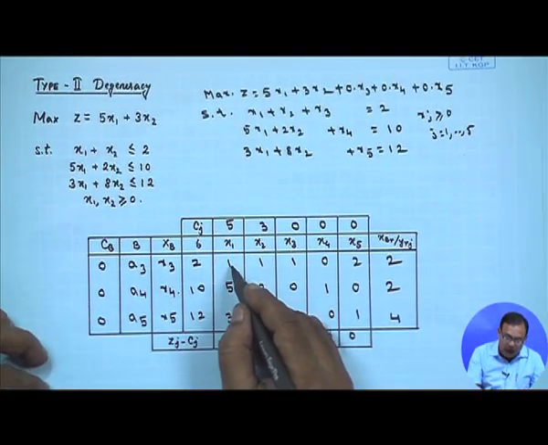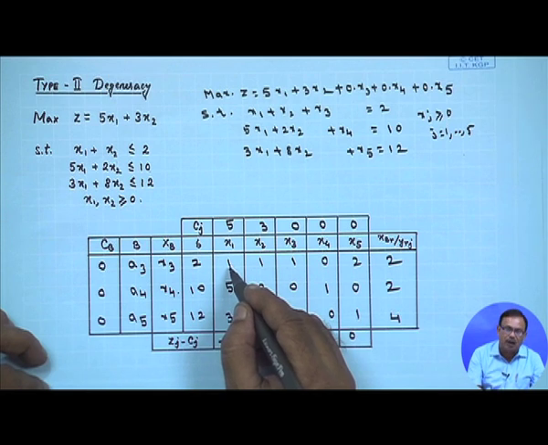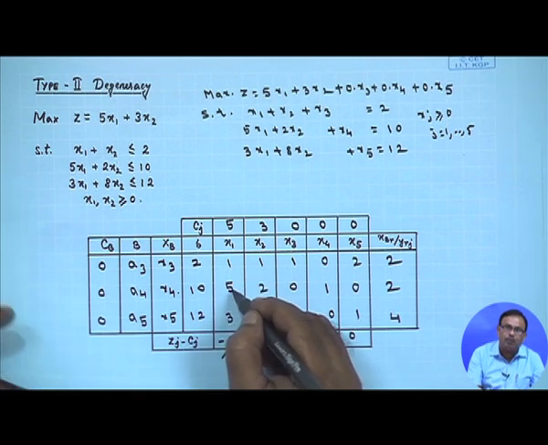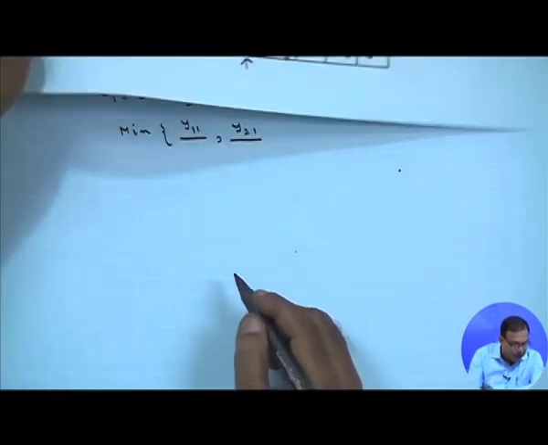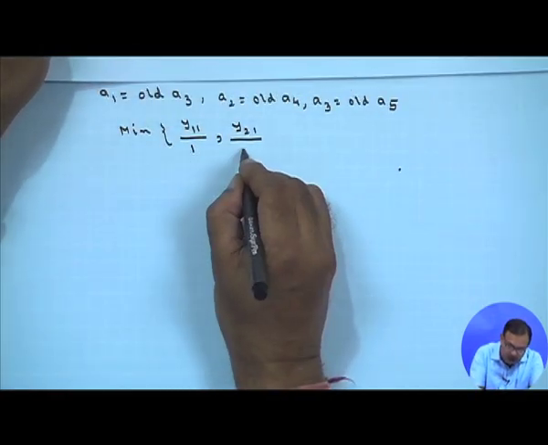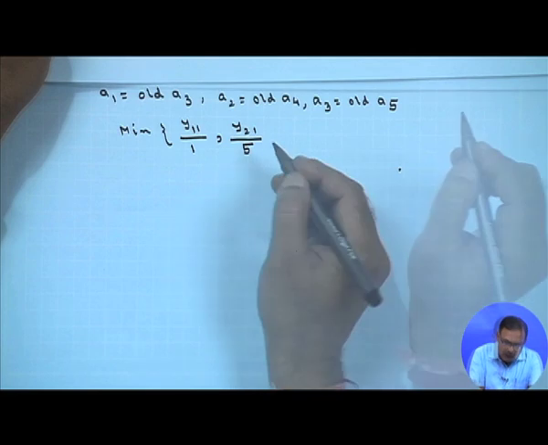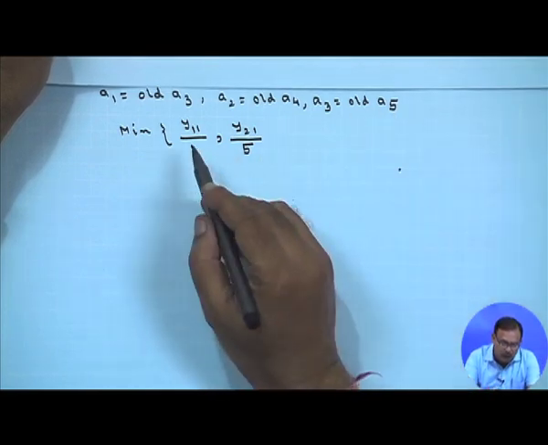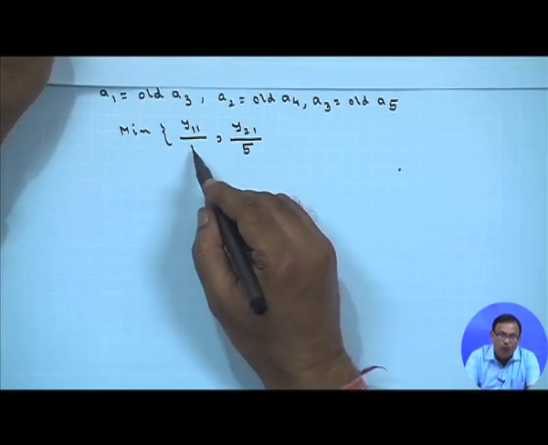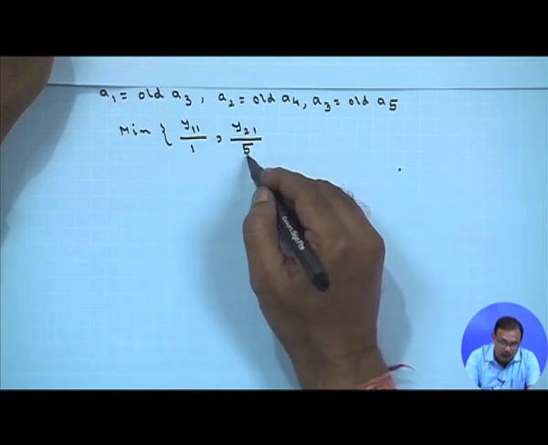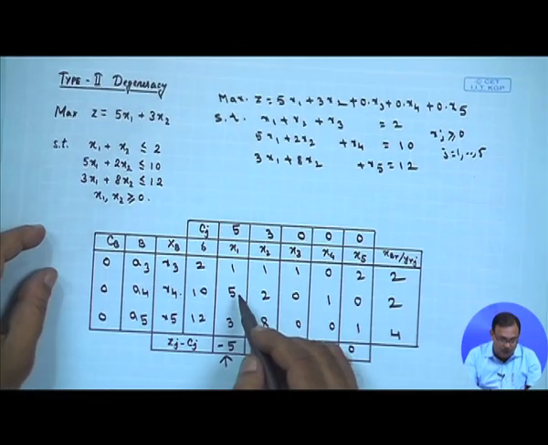That is, I have to take the element 1 for the first case, and for the second case I have to take the element 5. So it is y11 by 1 and y21 by 5.